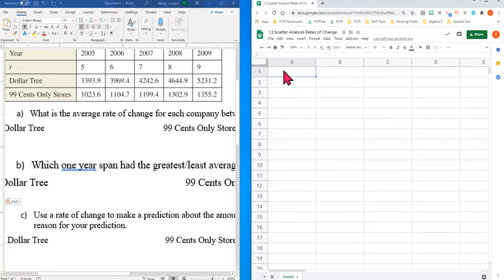Okay, so let's go ahead and we have year and $1 million in sales. Okay. All right. 1023.6. All right, we're just transferring the table of data here, but I'm doing it in a vertical fashion.